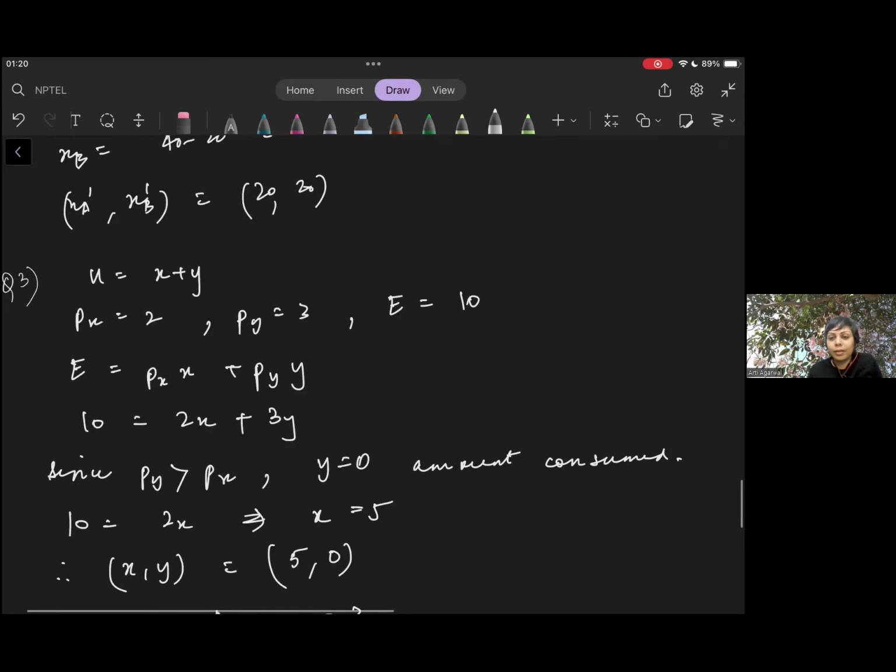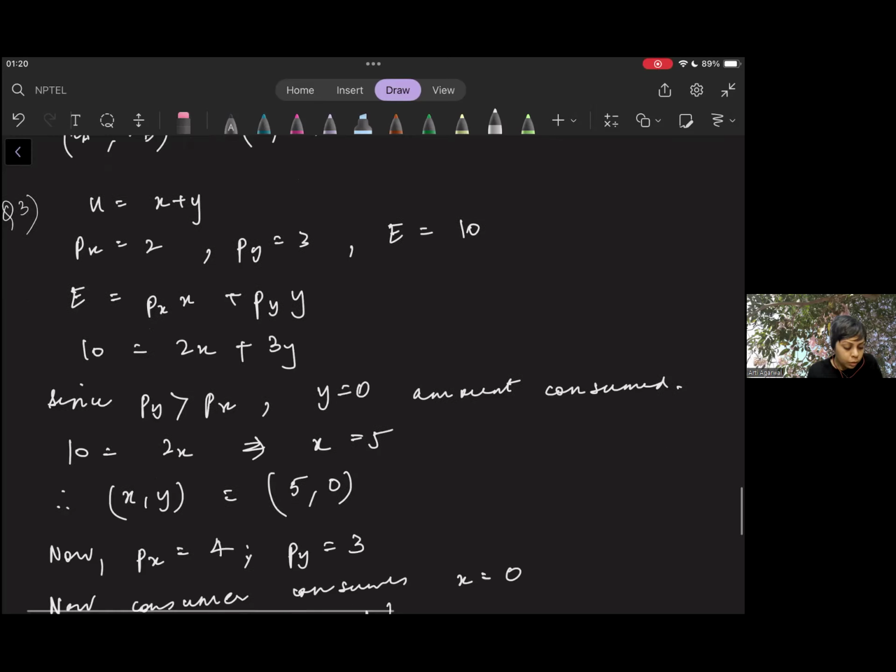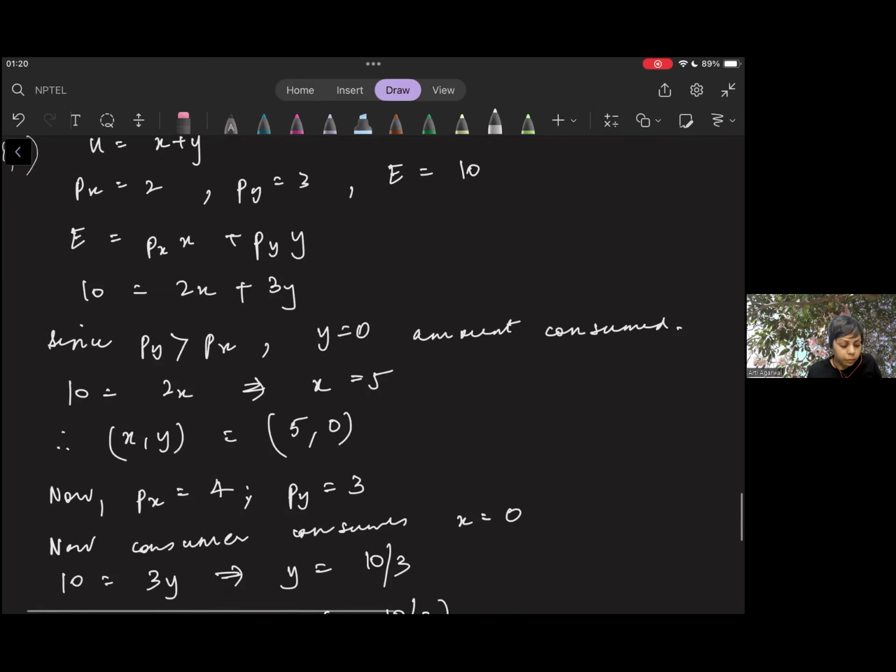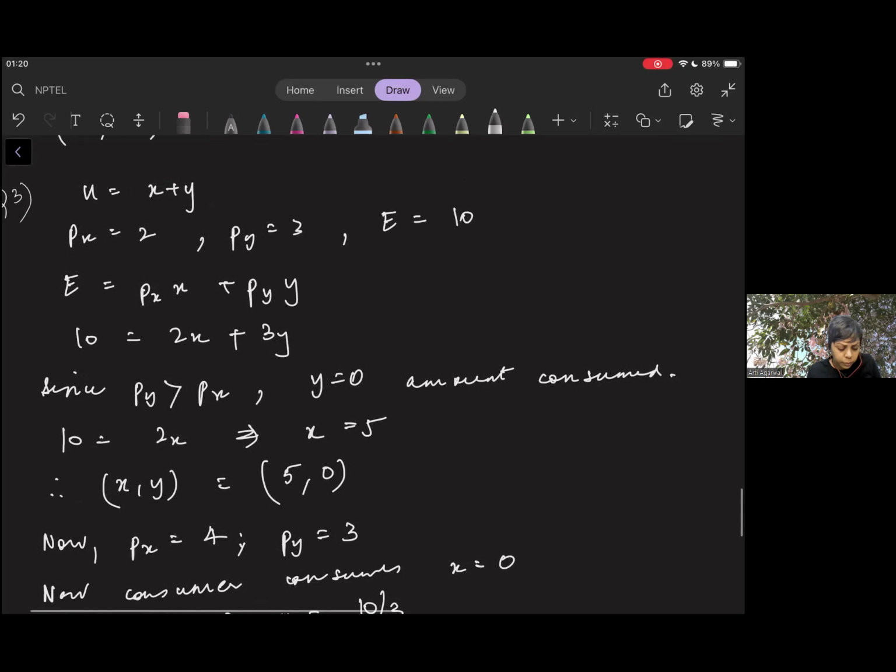That's why I first solved the initial case. See, the question doesn't ask anything about the initial case before the price change, but it is important to solve for it because that is the value of utility you will use in the Hicksian demand. So u is equal to x plus y. We found initially that y was 0, therefore x was 5, and the consumption bundle was (x, y) equal to (5, 0).